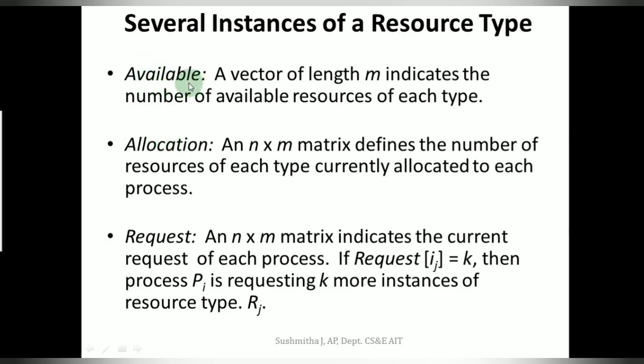We use the available vector. By now you already know what is an available vector, and you know what is the allocation matrix and the request matrix. So these two matrices and a vector are used for the algorithm. Now let us see what is the algorithm.